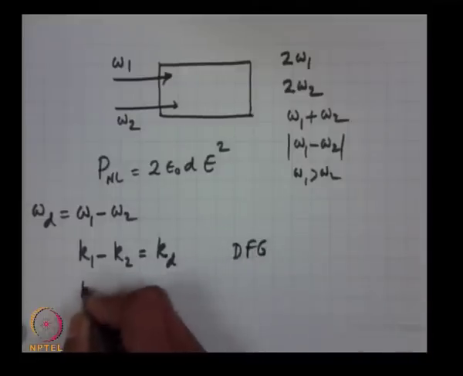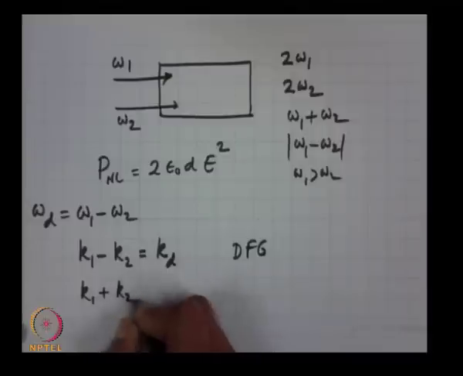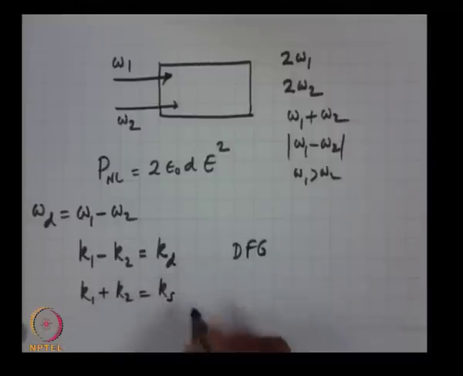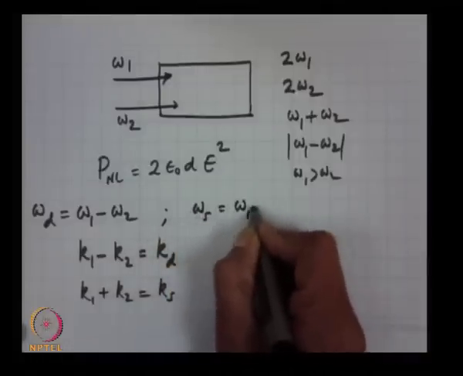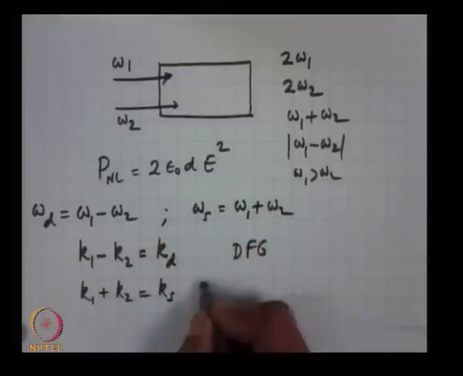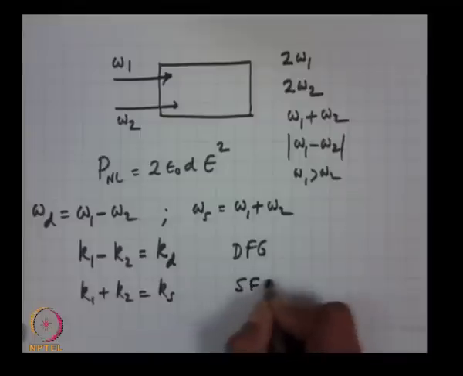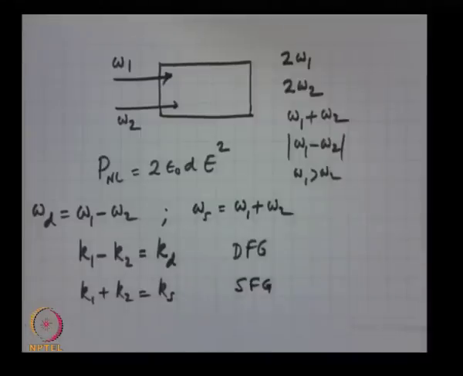If you choose K1 plus K2 equal to Ks, where Ks is the propagation constant corresponding to this frequency, then you will generate the sum frequency. And of course, if you satisfy the corresponding second harmonic generation conditions for omega 1 and omega 2, you will get the second harmonic of omega 1 or of omega 2.